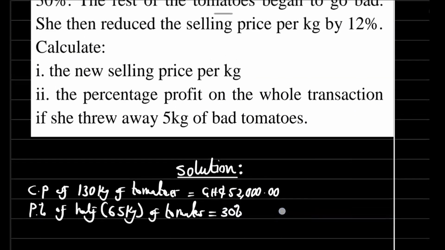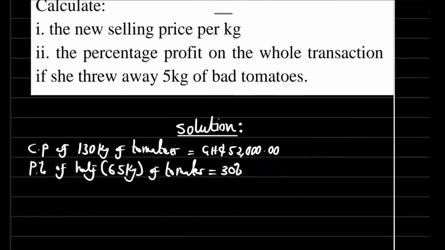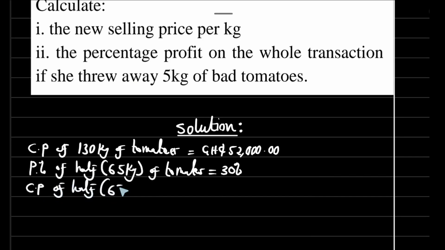Okay, so that means that we need to know the selling price of the half of the kg that you sold, and as well the cost price related to half of the tomatoes. So first, we can talk about the cost price of half, which is 65 kg.